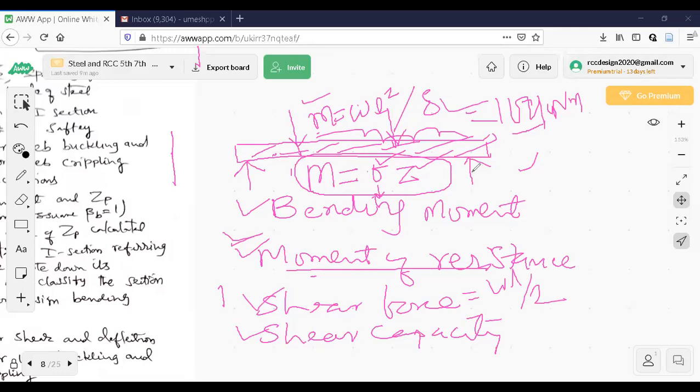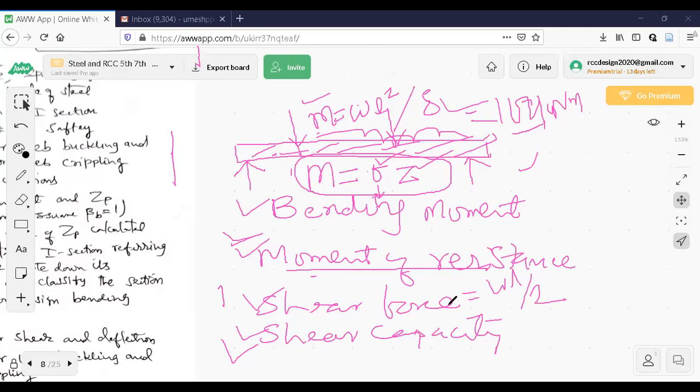On the basis that I should find out the shear capacity. The way I calculated moment of resistance, which has to be more than or equal to bending moment, similarly, I should calculate shear capacity, which should be either more than or equal to shear force. Then only I can say it is safe in shear.